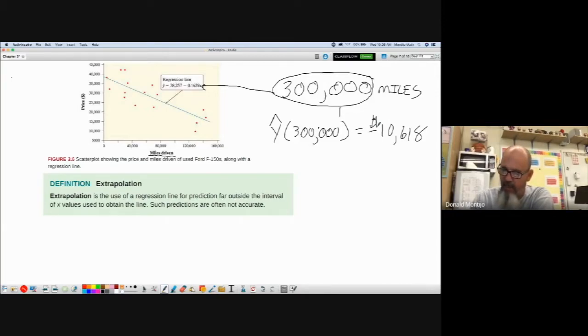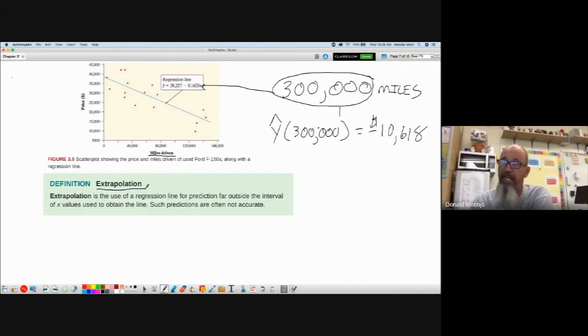This is an example of extrapolation. Extrapolation is when we use the regression line to predict too far beyond the scope of the data used for the model. In this model, we only had trucks up to about 150,000 miles. So our least squares regression line, our Y hat, our prediction line, will do a fairly accurate job predicting, but only within the scope of the data that we have.